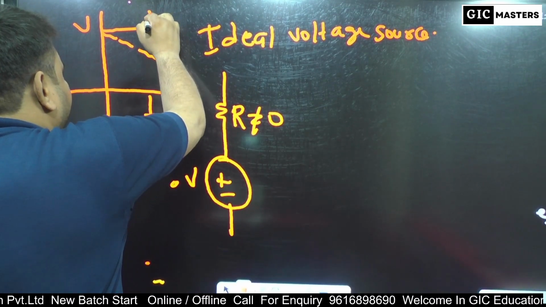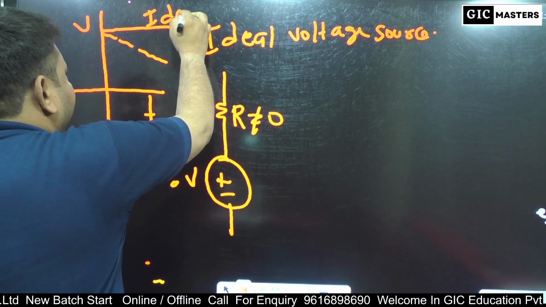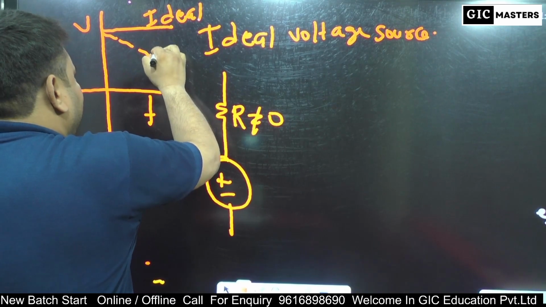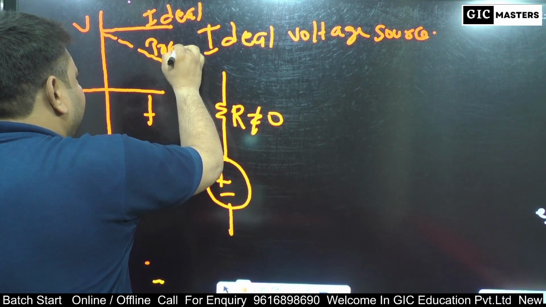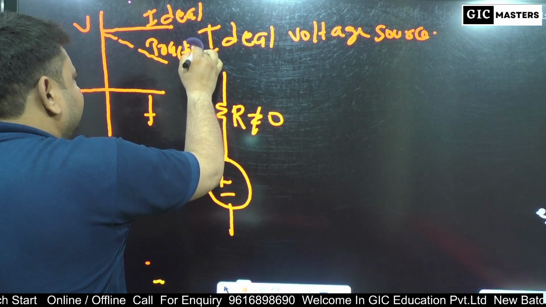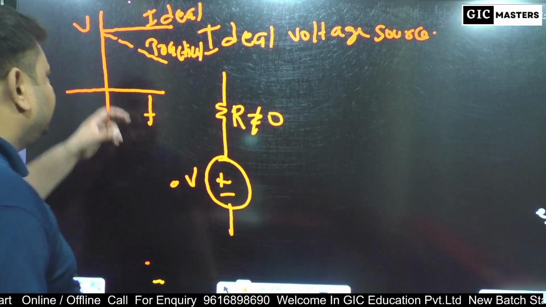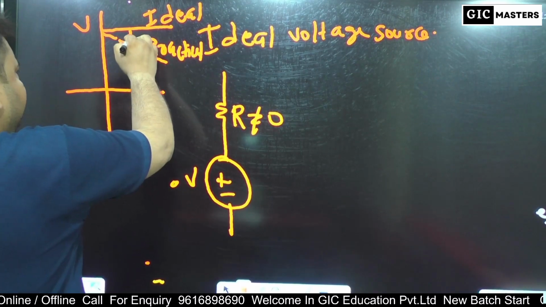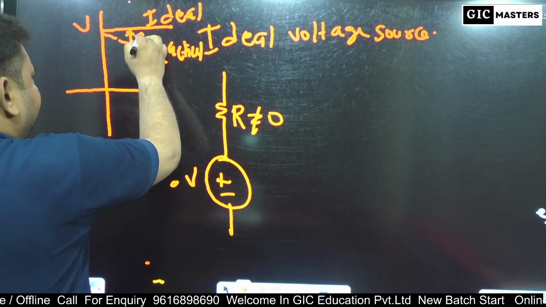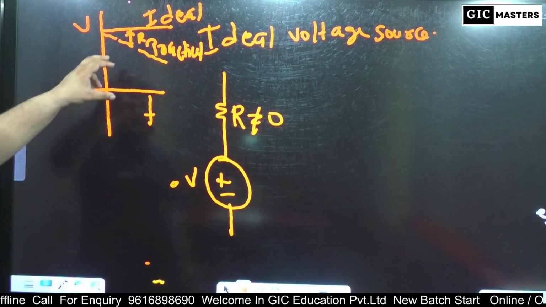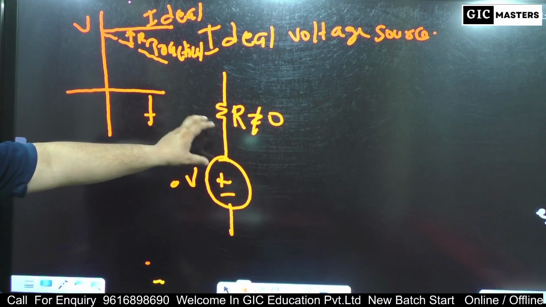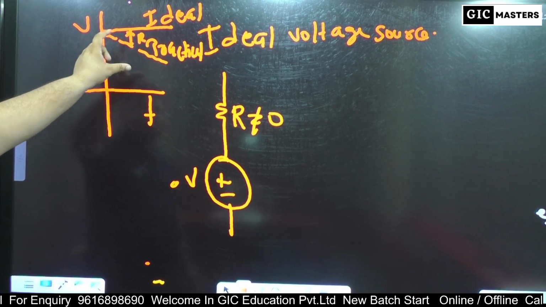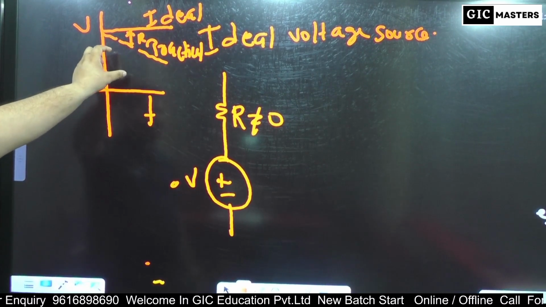These are ideal and these are practical. The difference between these two is due to R. Since internal resistance is present in a practical source, the graph is dropping.